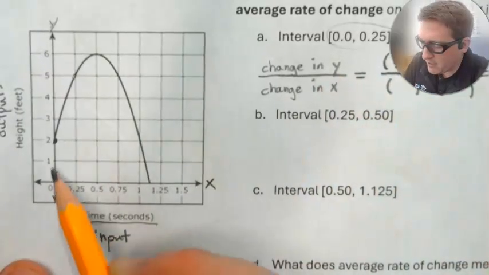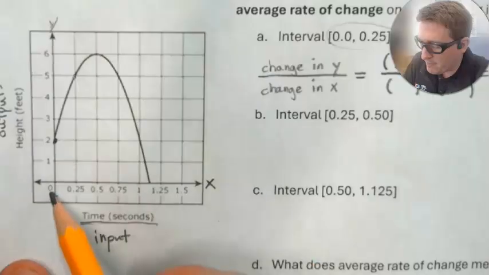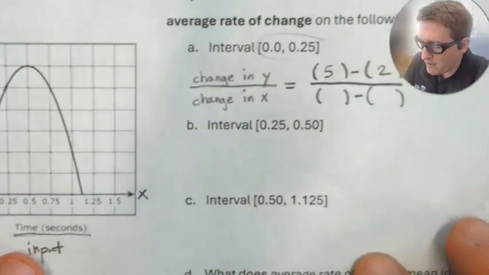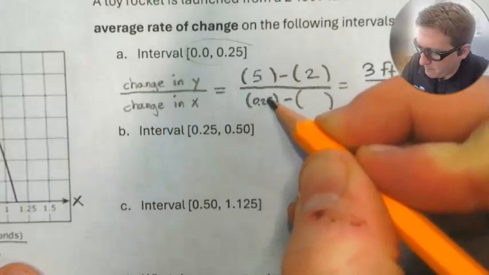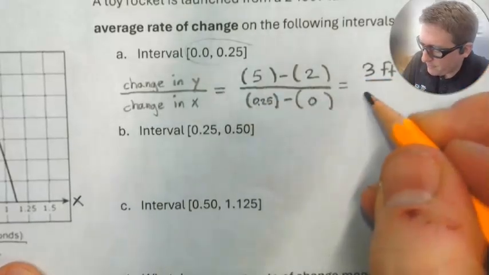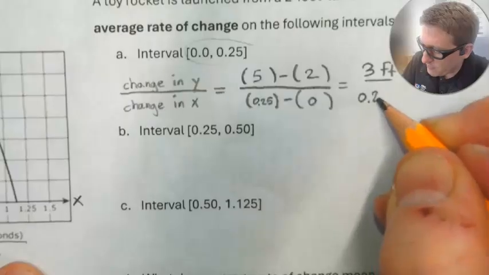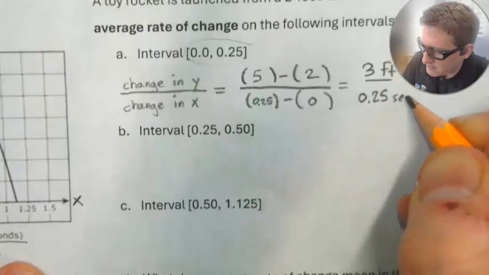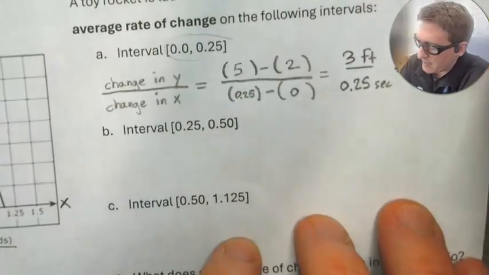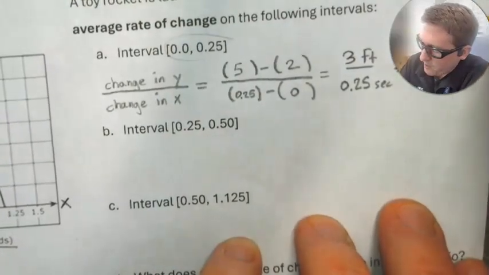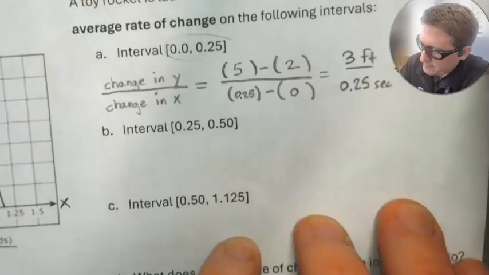But as you can see here, from here to here, my input changed by 0.25. So my new time was 0.25, my old time was 0, and therefore my change is 0.25 seconds. And 3 divided by 0.25, you can type that into a calculator if you need to. It's 12 feet per second.